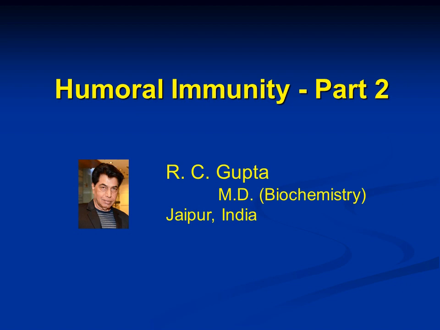An immunoglobulin molecule or antibody molecule is made up of two types of polypeptide chains, which are known as light chains and heavy chains. The light chains have a variable region and a constant region. Heavy chains also have a variable region and a constant region.